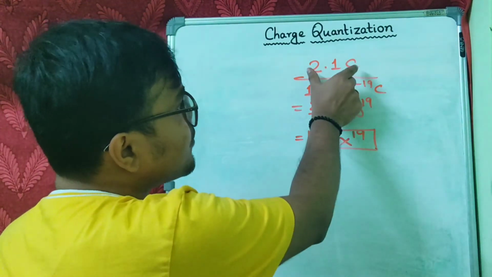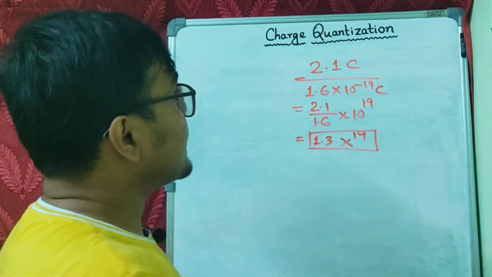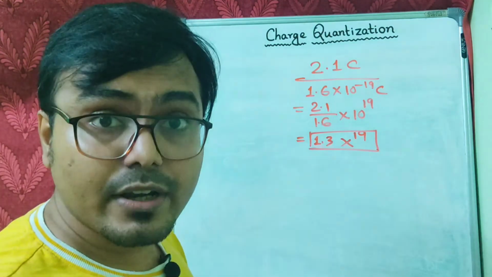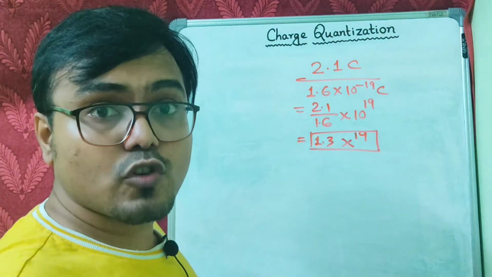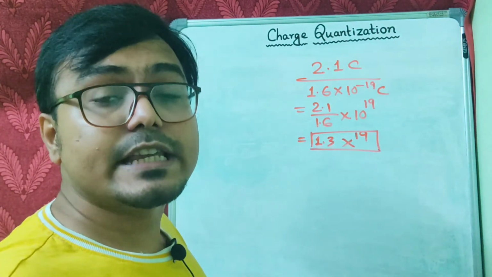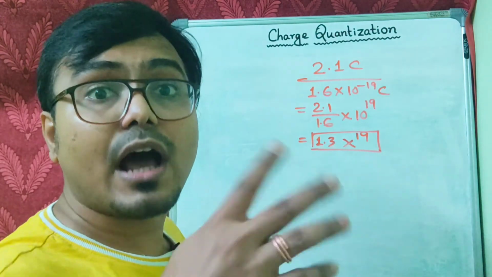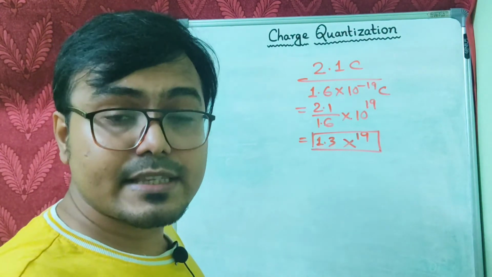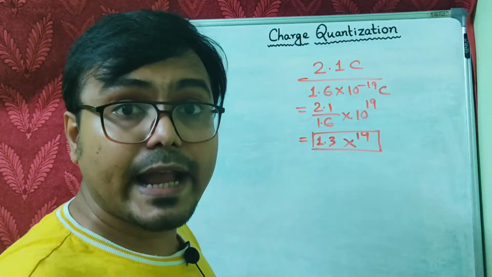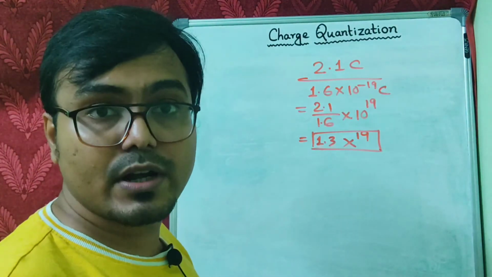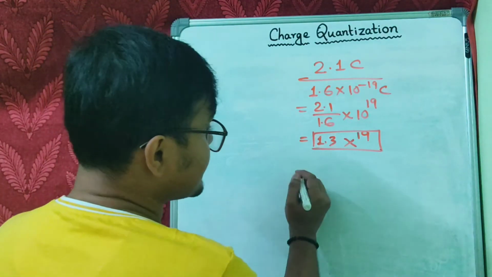So for the case of macroscopic charge, we can ignore this charge quantization. But in the case of microscopic charges, where the involvement of charges is either 10 electronic charges or 100 electronic charges, at the microscopic level we cannot ignore charge quantization; we have to consider it.